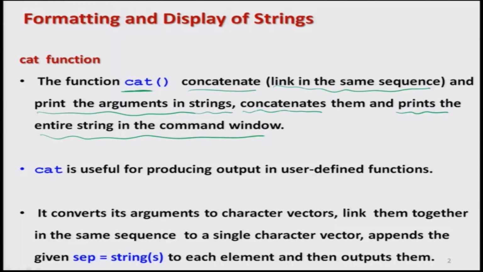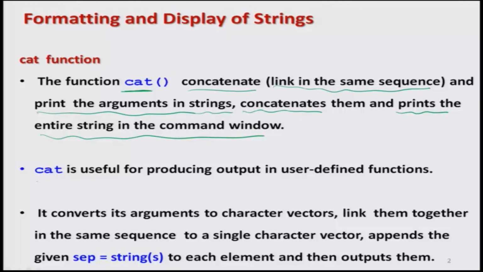So you can see that cat is a combination of print and formatting, but there is an additional thing: it can format the required output. That is the difference between the print and cat commands.